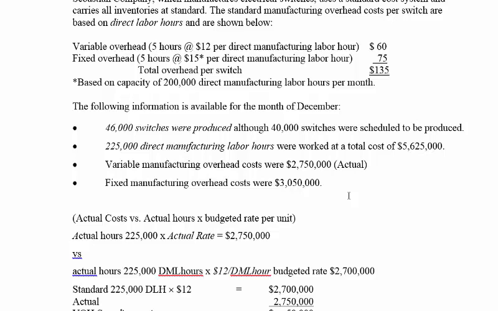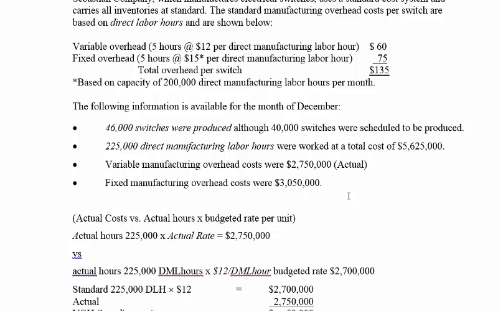The standard manufacturing overhead cost per switch are based on direct labor hours and are shown below. Now I want you guys to consider the fact that they took the total amount estimated for variable overhead cost for the year and they divided it by the total number of direct labor hours that would be calculated for the year.